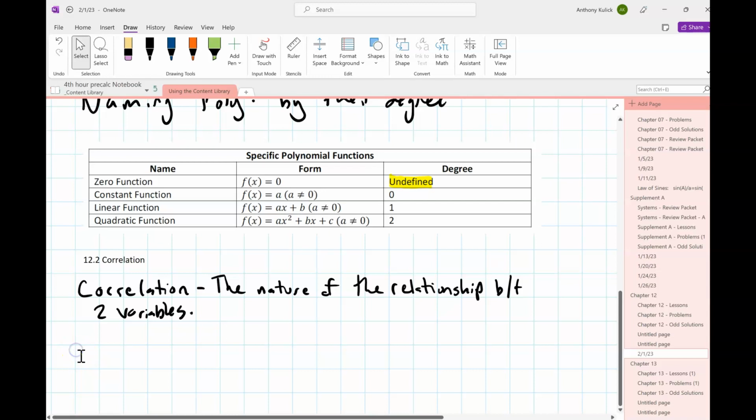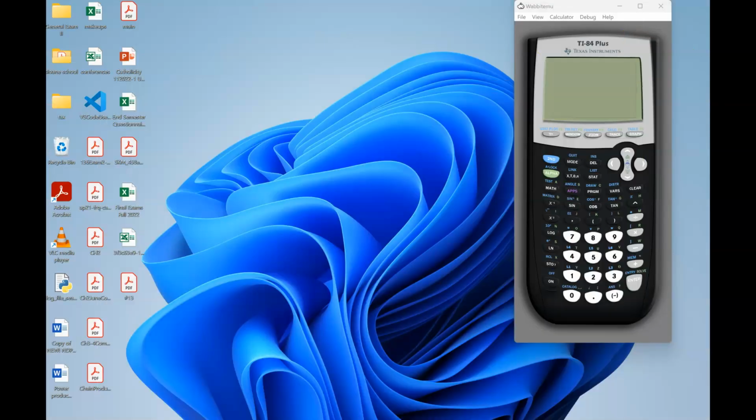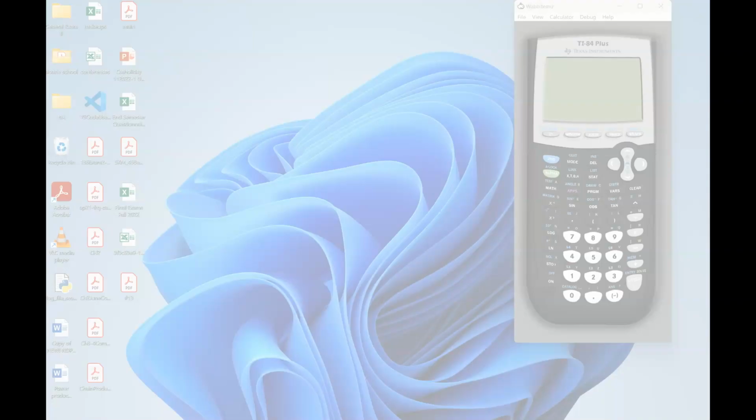The easiest way to think about correlation is to think about taking our two variables, we collect some data for those two variables, and we're going to plot it. So we'll plot one variable as an x coordinate, the other variable as a y coordinate.